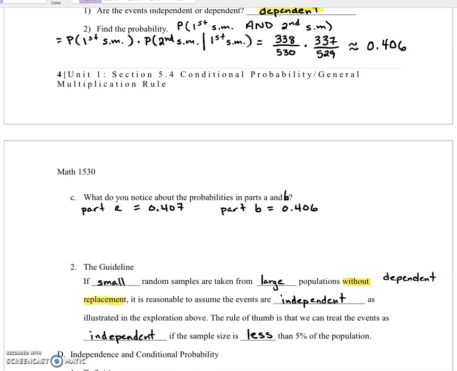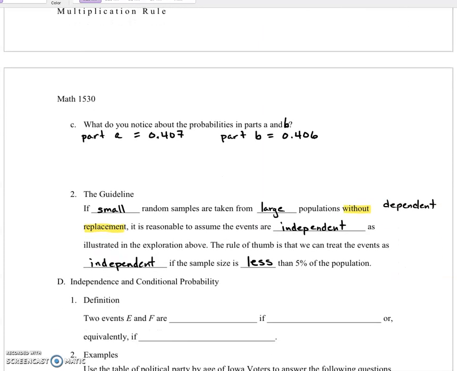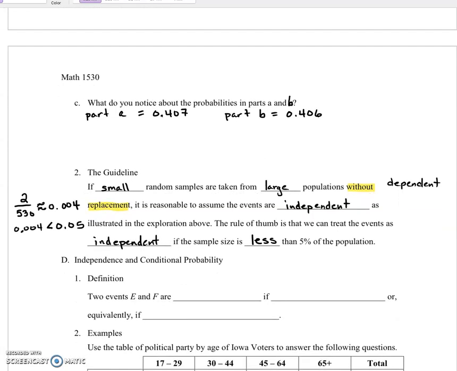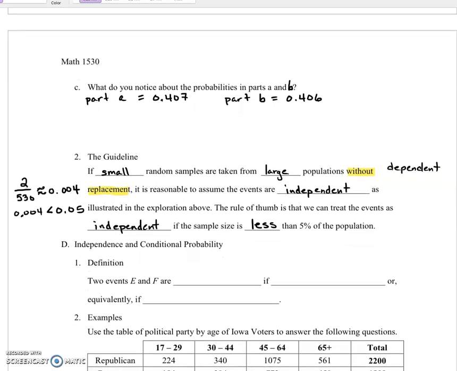So if we divide the number of people we pick, which was 2, out of the total number of people we have, we get approximately 0.00, and if I round up, 4. So 0.004 is definitely less than 0.05. That's why that worked. And we could pretend they were independent even though technically they are dependent.